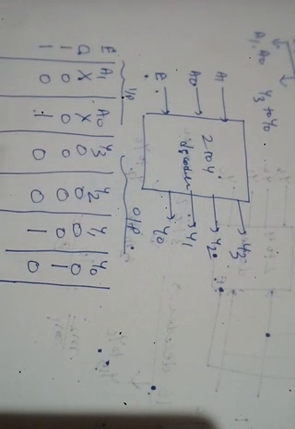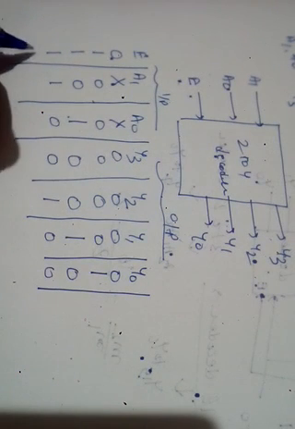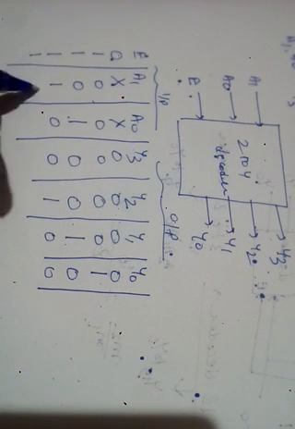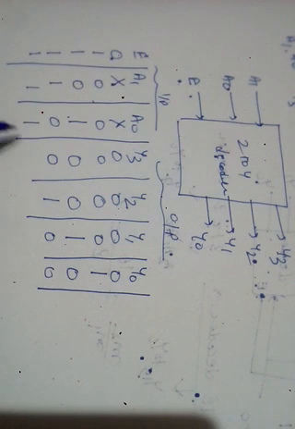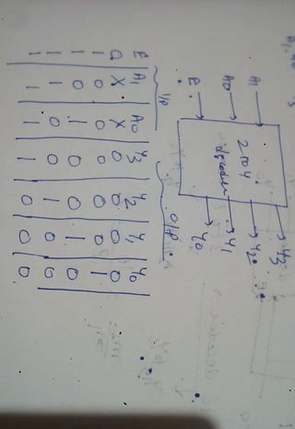If enable is 1, A1 is 1, A0 is 0, then we will get output across Y2 and the rest will be 0. And for the last combination, enable is 1, A0 and A1 are both 1, then we will get output across Y3 and the rest will be 0.